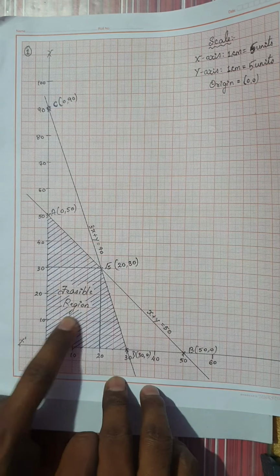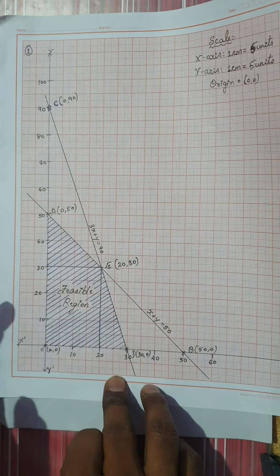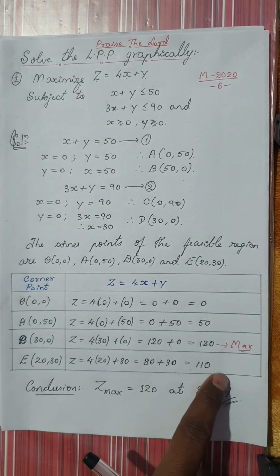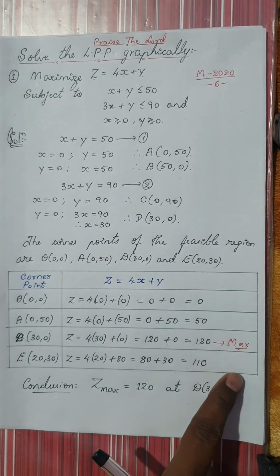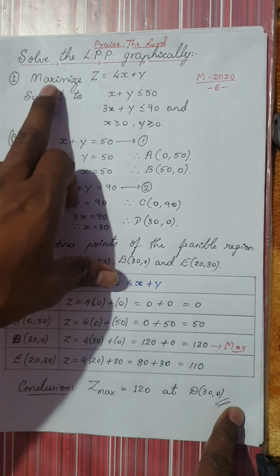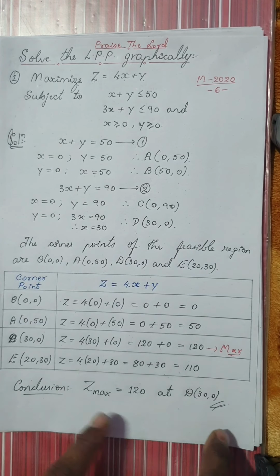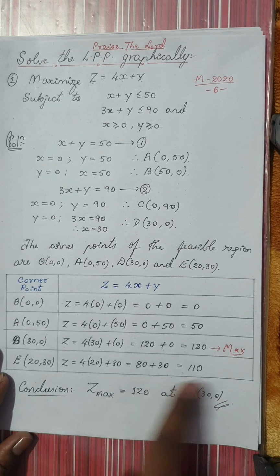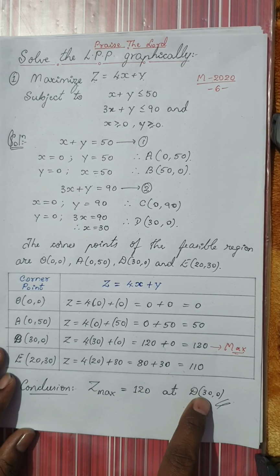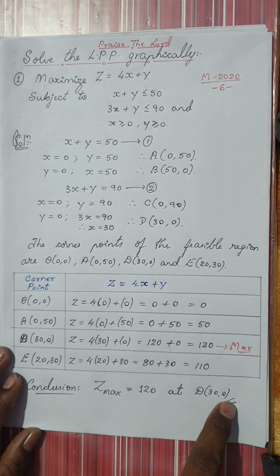Once the feasible region is ready, find out the corner points. Once the corner points are noted down, just make a table and find out the value of Z. From there, if you are supposed to find the minimum, check the minimum value. If you are supposed to find the maximum, find the maximum value. So in this case, the maximum value is 120 at the point D, that is 30 comma 0.